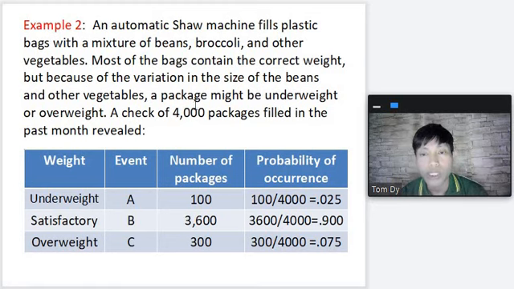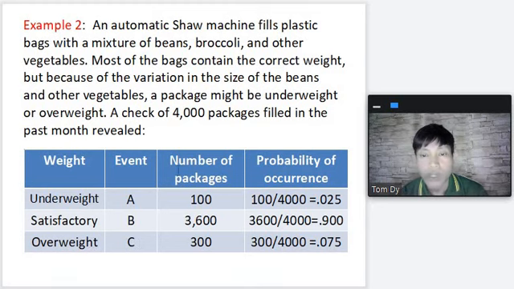A check of 4,000 packages filled in the past month revealed that we divide the weight as underweight, satisfactory, and overweight. If we talk about satisfactory, it is not underweight and not overweight. And the events are represented by A for underweight, B for satisfactory, and C for overweight.